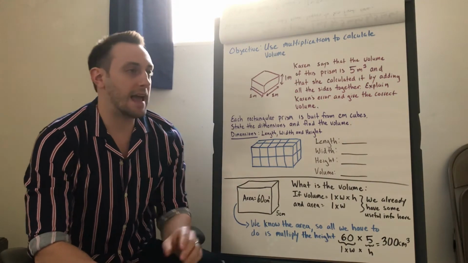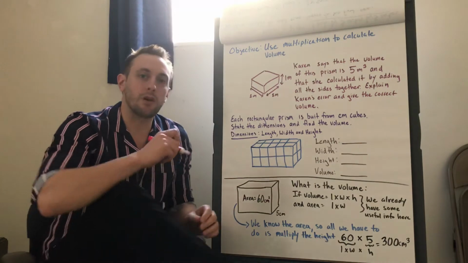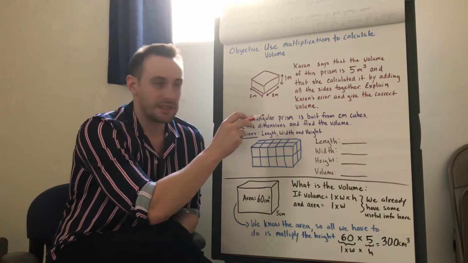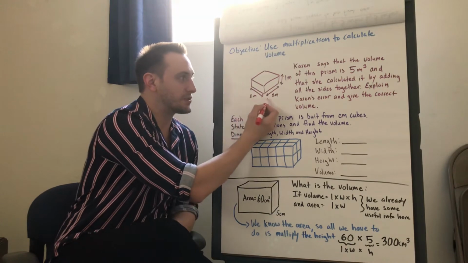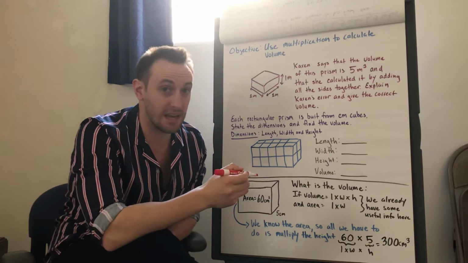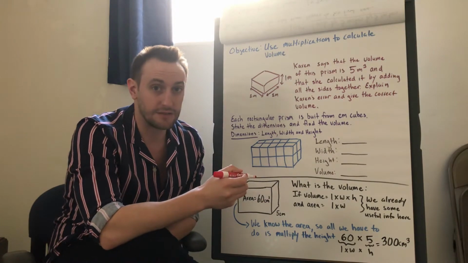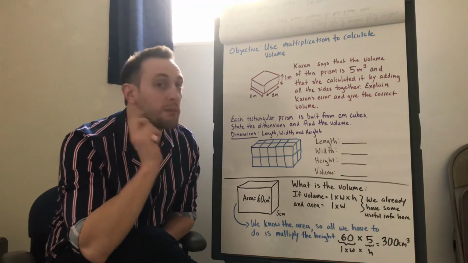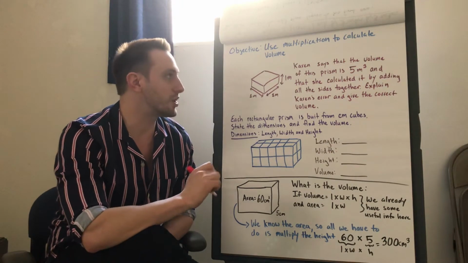So let's figure out what Karen did wrong. She added all the sides. She did 2 plus 2 plus 1, which gave her 5, but that's not how you find volume. What she should have done was multiply.